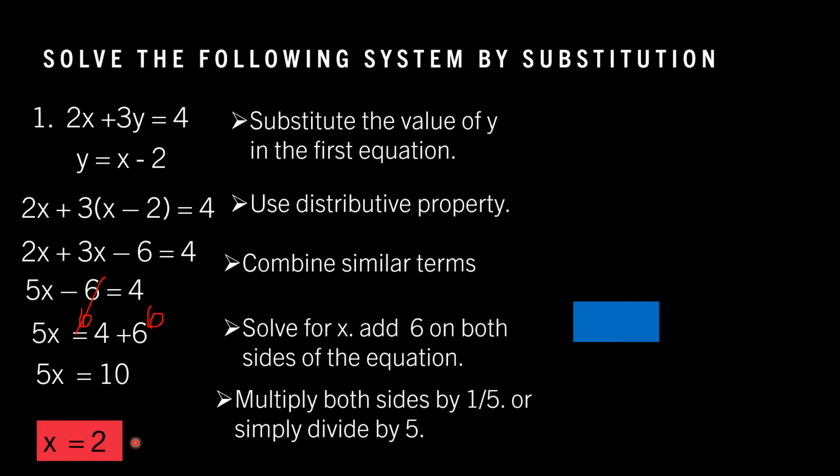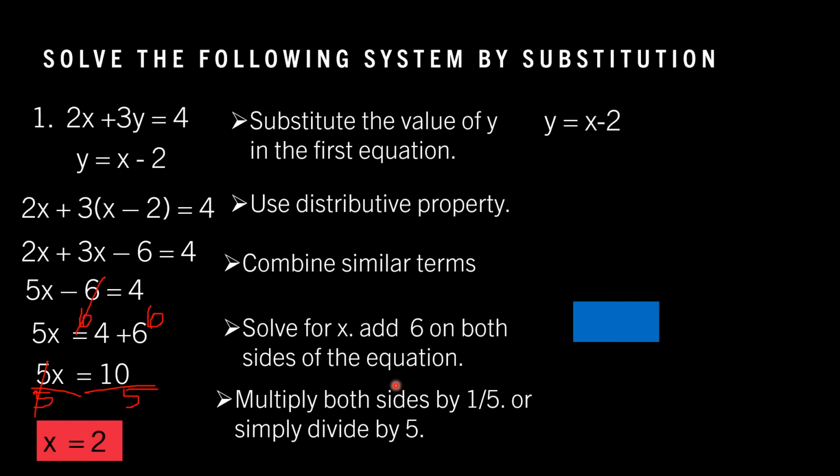So, ibig sabihin, magdi-divide ka lang ng 5. Sorry. Divide by 5. So, that is now, this is 1. So, x is equal to 10 divided by 5 is 2. So, I have now the value of x, which is 2.